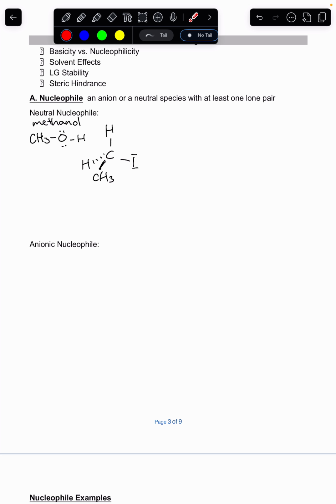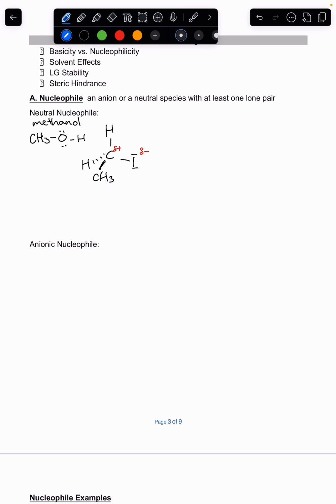It's partially negative, and the carbon is partially positive. That means iodide wants to run away with these electrons if it could, because of its electronegativity. That's what all halides want to do. And so oxygen as a nucleophile would be attracted to this partial positive charge.